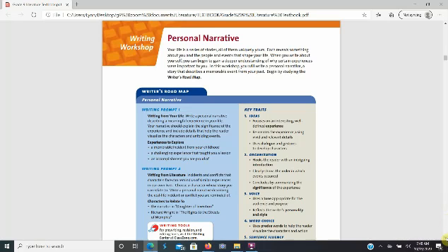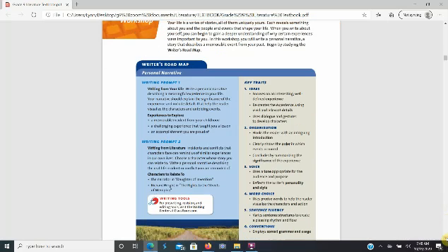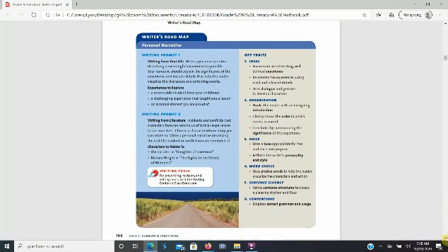Begin by studying the writer's roadmap. That's what we will discuss today. Writing prompt number 1, writing from your life. You will write a personal narrative describing a meaningful experience in your life.